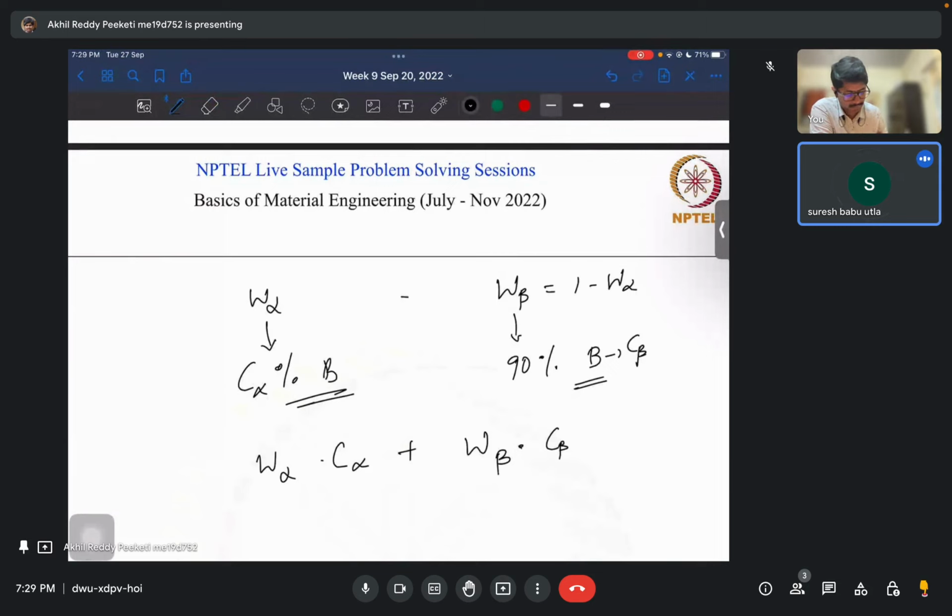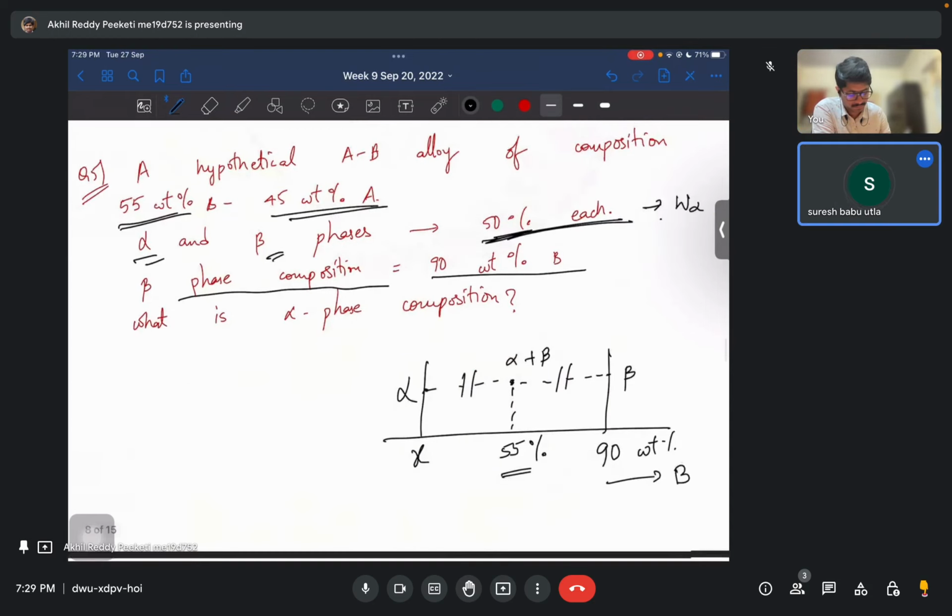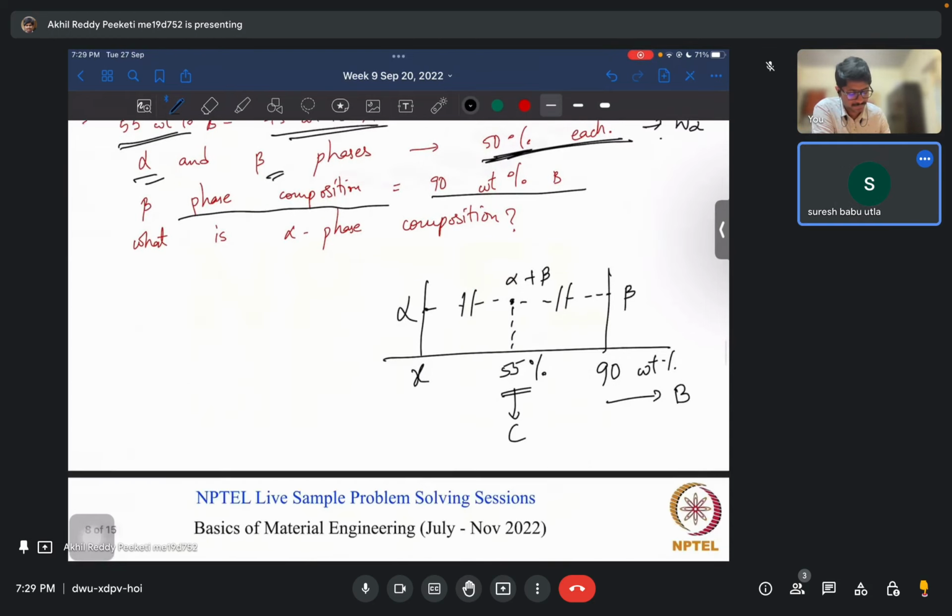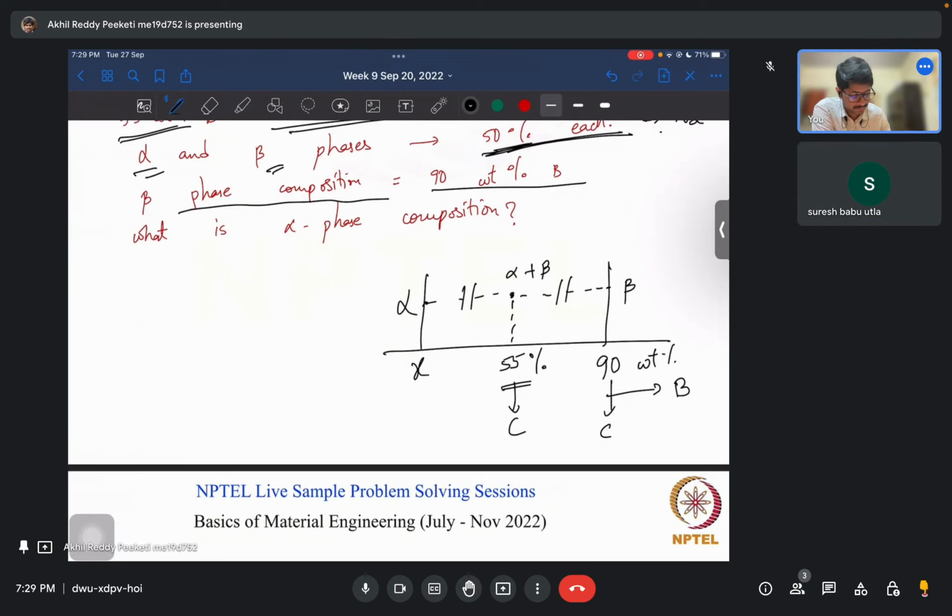This should be the composition C we are given, where this is C beta and this is C alpha.